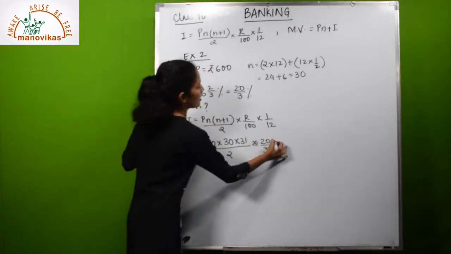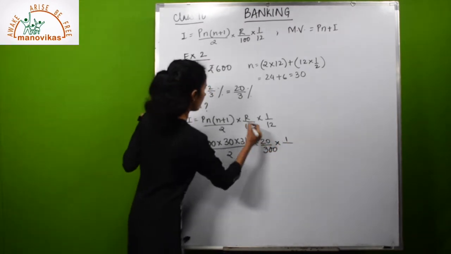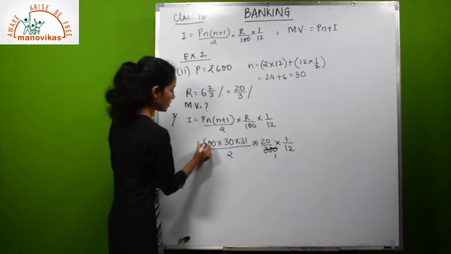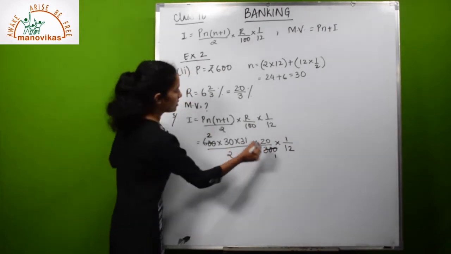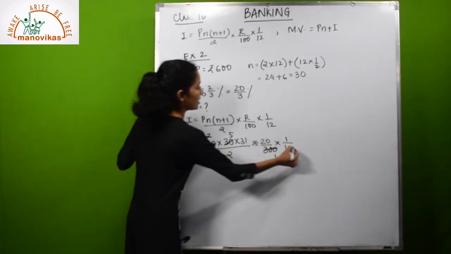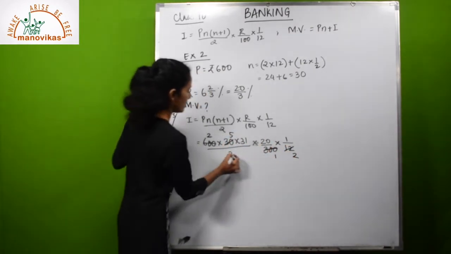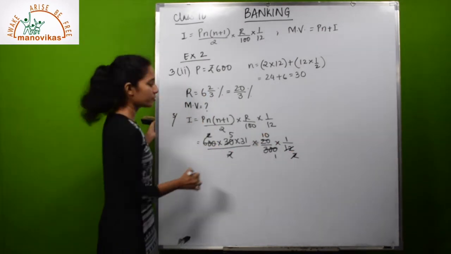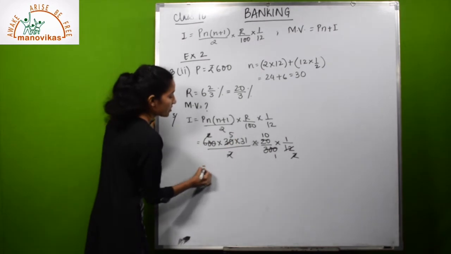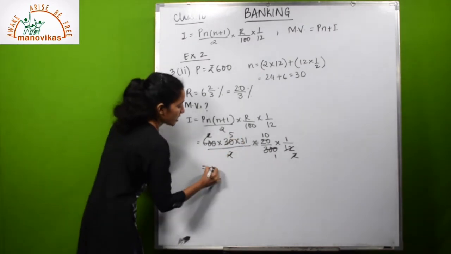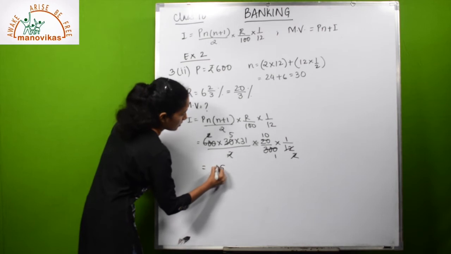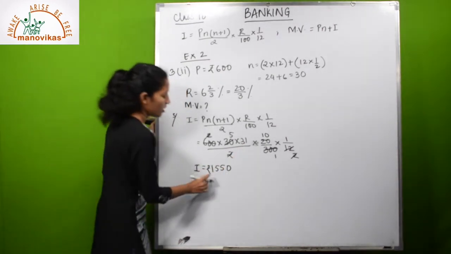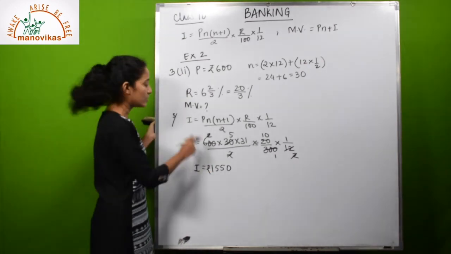Okay, and this will be multiplied by 1 upon 12. So cancelling, and you are left with 5 into 31 into 10, and then you are multiplying with 10. So it will be rupees 1,550 will be the interest.